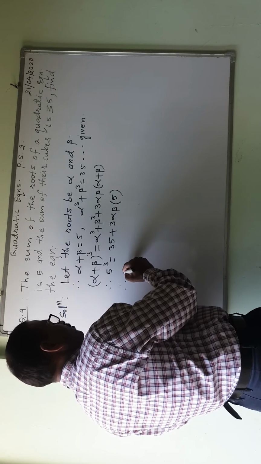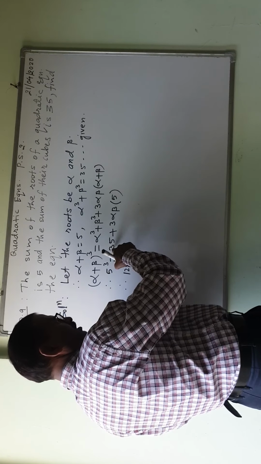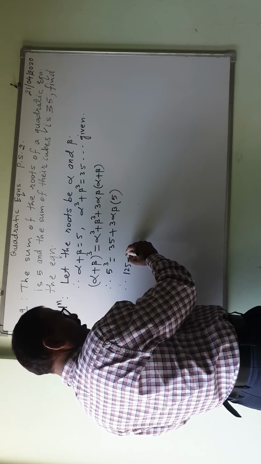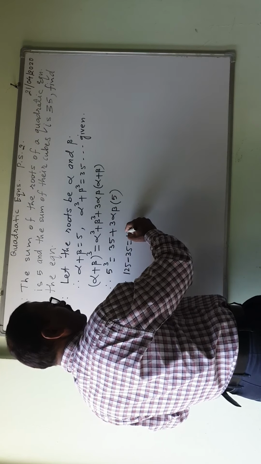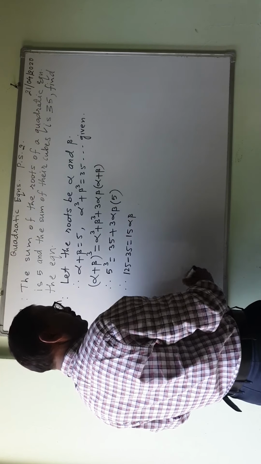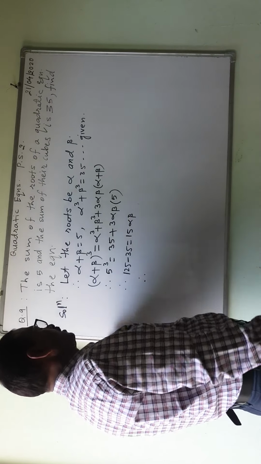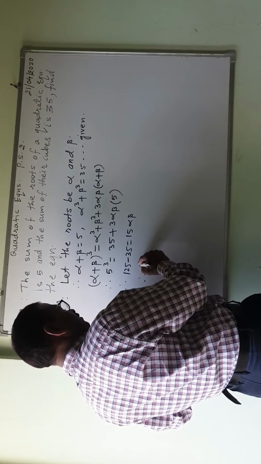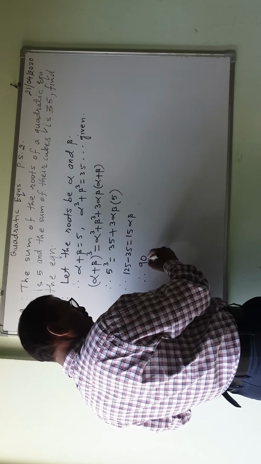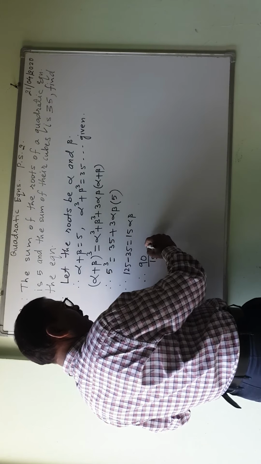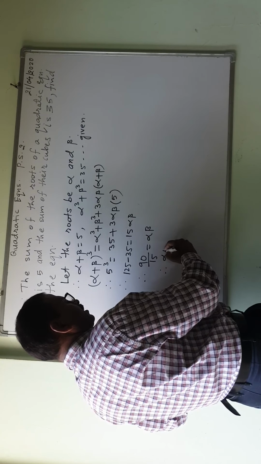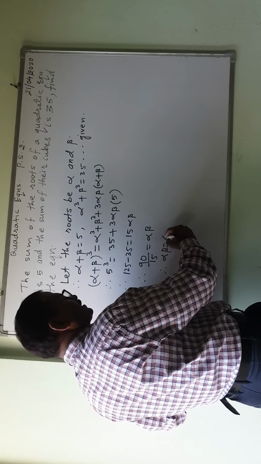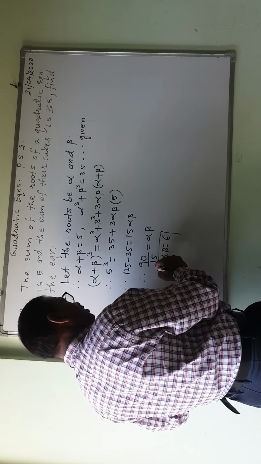Therefore, 5 cube is 125, this minus 35 is equal to 5 into 3, 15 alpha beta. Therefore, this will be 90, divided by 15 is equal to alpha beta. Therefore, alpha beta is equal to 6. I got the value.